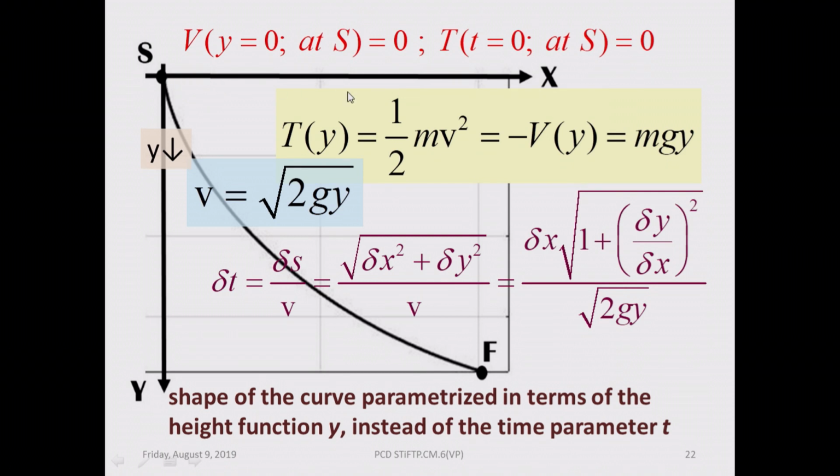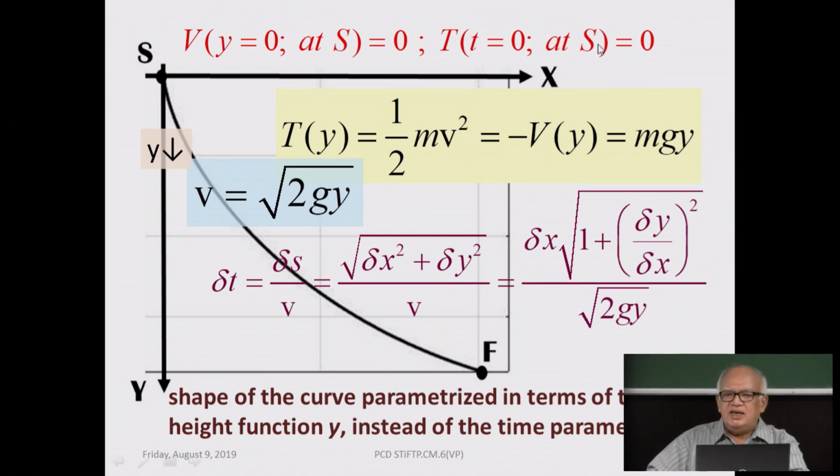Okay. You don't worry about why it is pointing downward or upward, that is a matter of convention, and we have chosen it this way. You're going to release it at 0 speed, so the kinetic energy T is 0, and over here V is also 0. And its energy will remain 0.